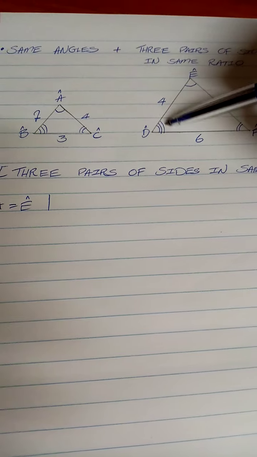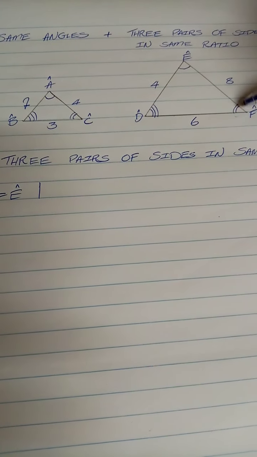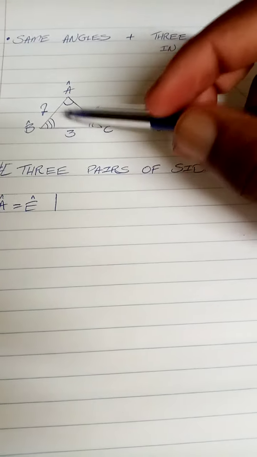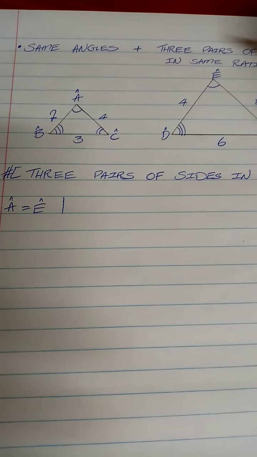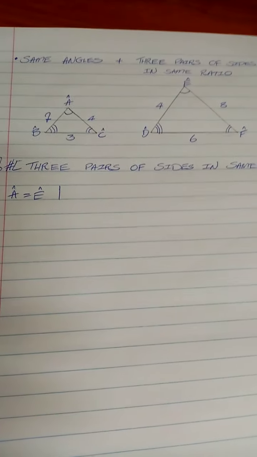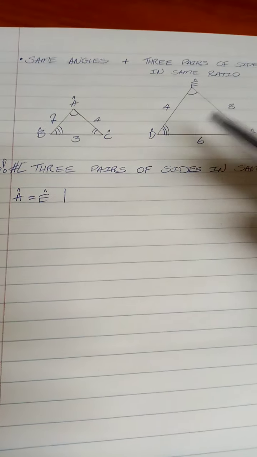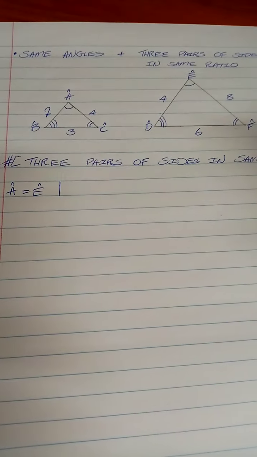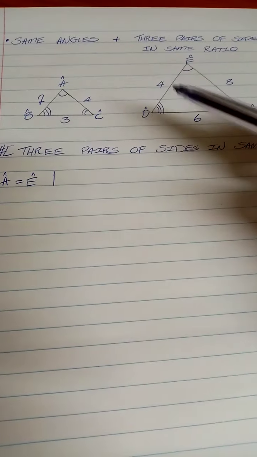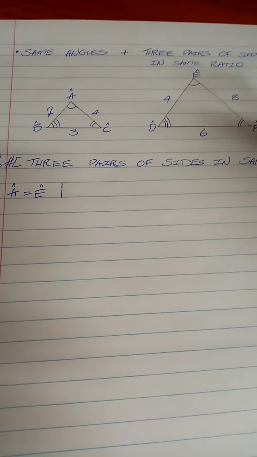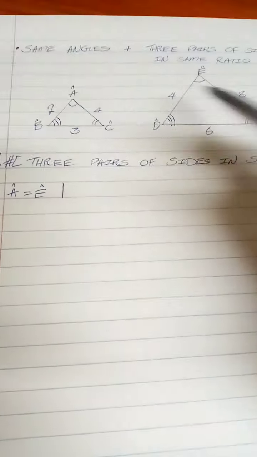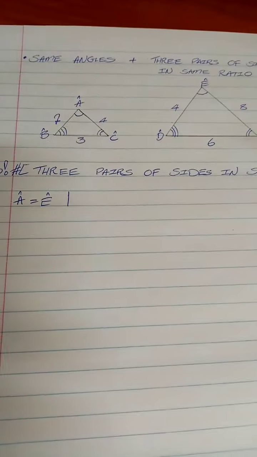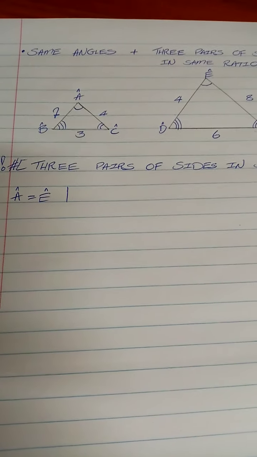Double line means that these two angles are the same, and triple lines means these two angles are actually the same in different triangles, because in the end the sum of the total interior angles of a triangle is equal to 180. So that's why, even though the sizes of the triangles are not the same, it is possible for the different triangles to have the same angles. So yes, to have equal angles basically.